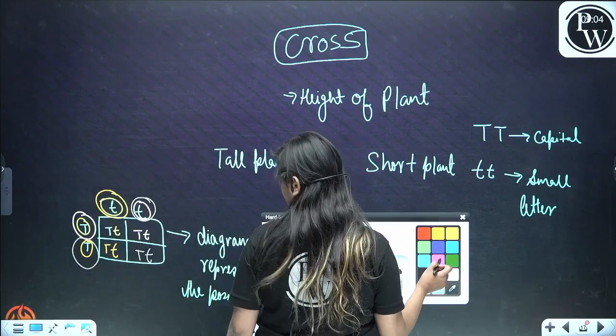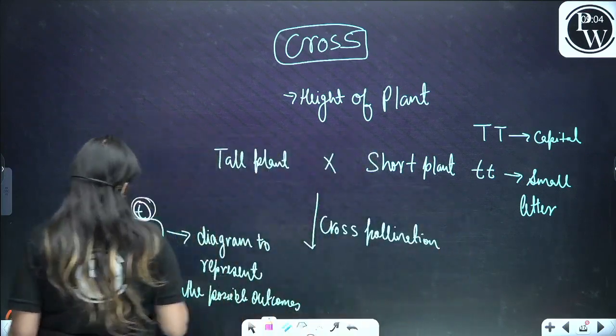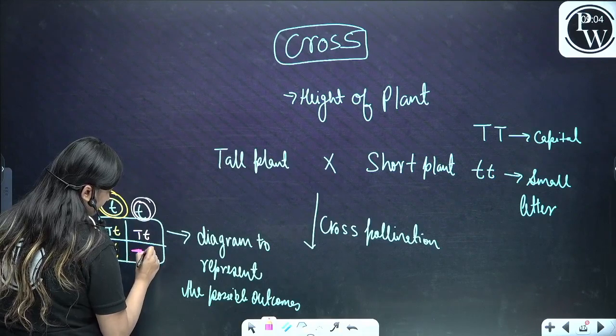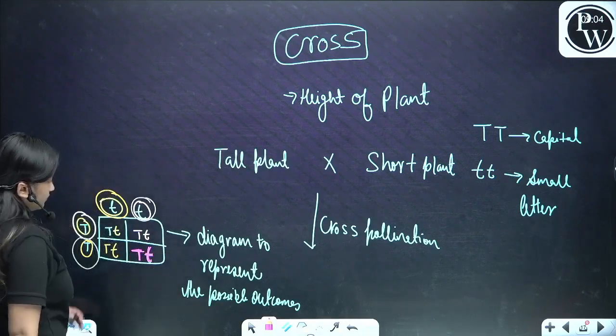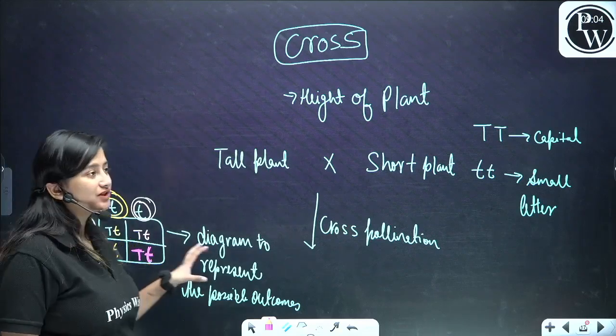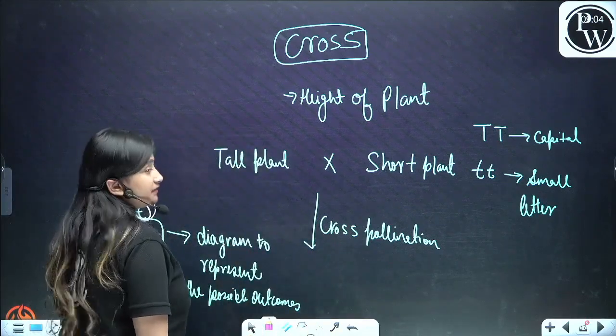Let me change it. We got bada T and chota T. So, what is this? All the possible outcomes that all are tall, but the recessive trait is there.